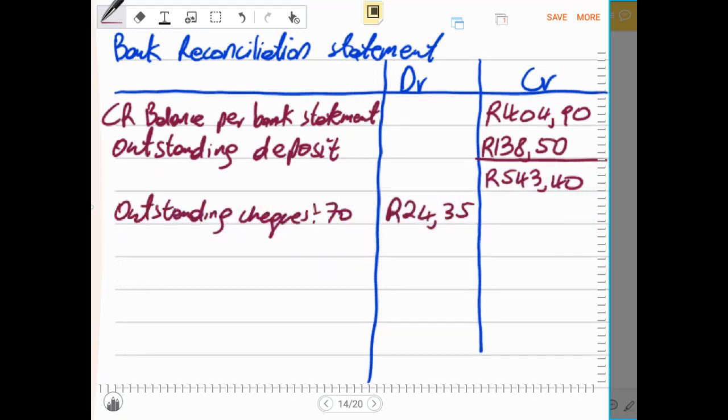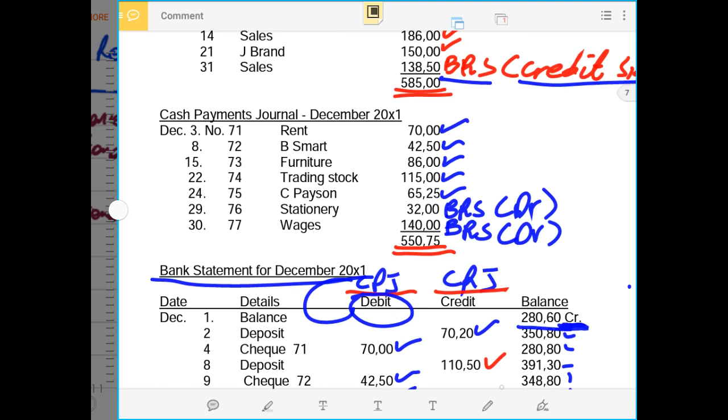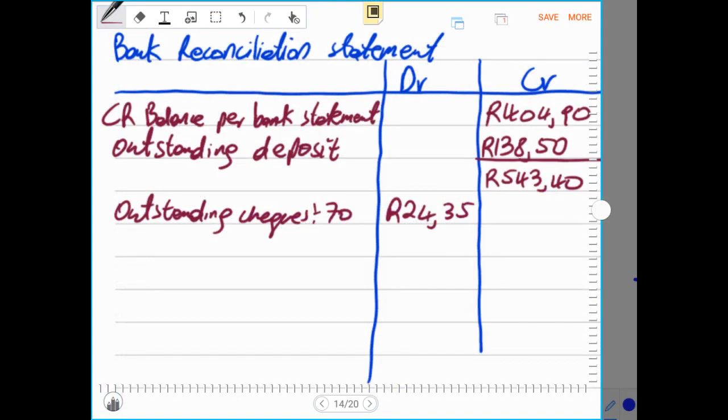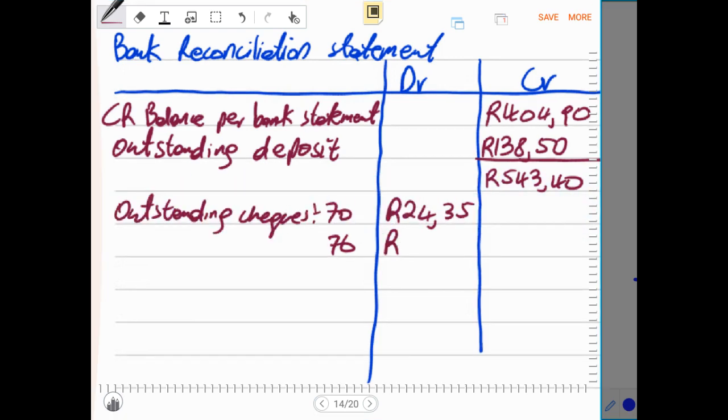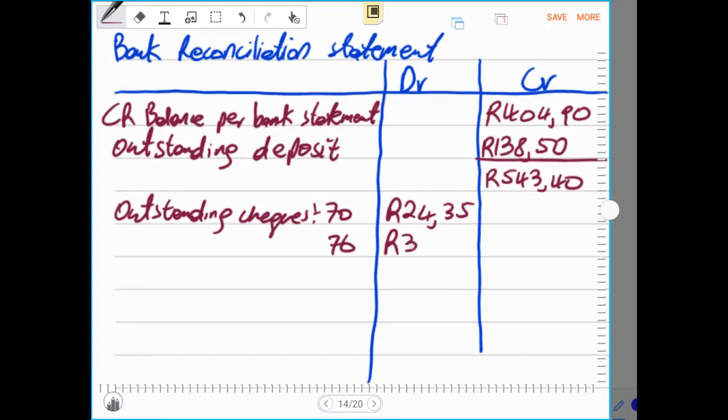The next check in the cash payment journal, check number 76, must be recorded. Check number 76 for an amount of 32 rand.